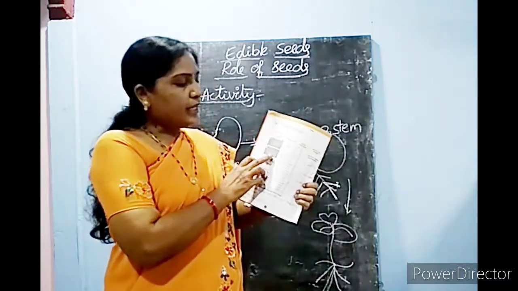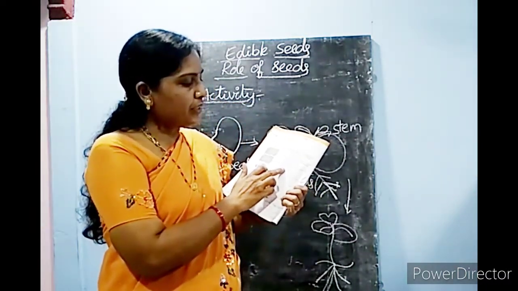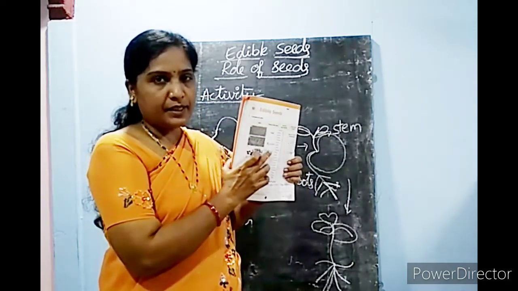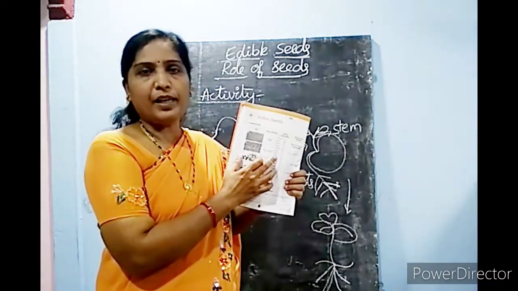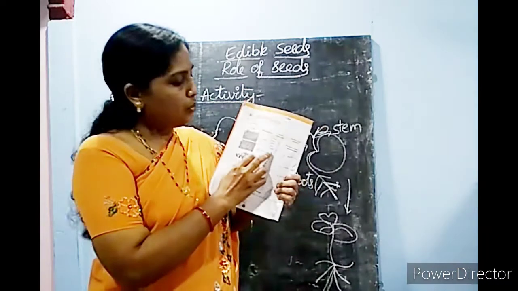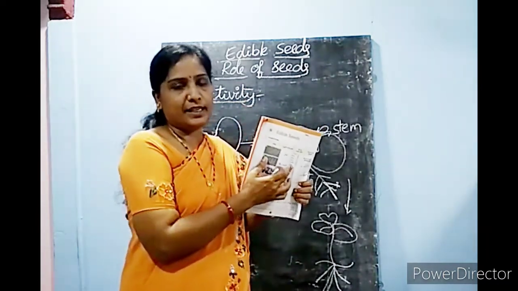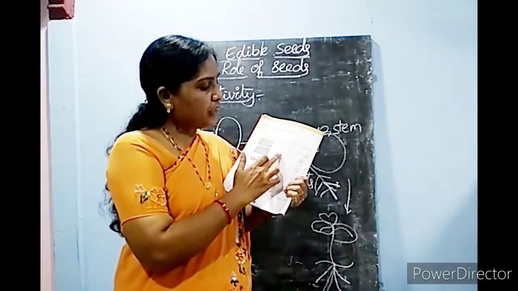And next seeds are badam. I showed you the badam. Are they used as spices? What do we get from the badam? Are we using it as a pulse? Are we cooking that? Is it a grain? No, it's oil seeds. Badam are also oil seeds. So what do we get from the badam?